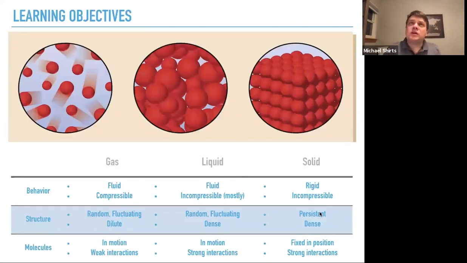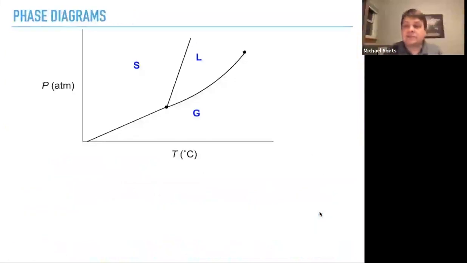And so we're going to look a little more at the physics and thermodynamics of these actual interactions. As you add energy or change the pressure of a system, how does it affect what phase we're in? A concept that we'll come back to a lot in these segments is the idea of phase diagrams.